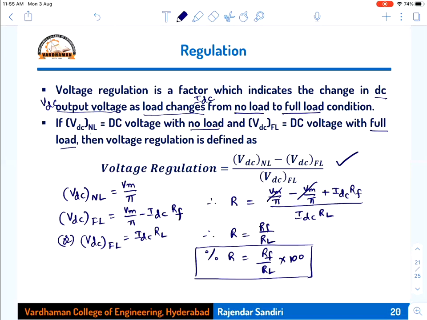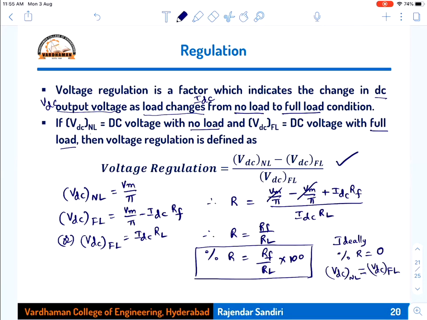That is about percentage regulation. Now, ideally, this percentage regulation value should be equal to 0, because VDC no load should be equal to VDC full load. That means whatever the load may be, both should be equal.